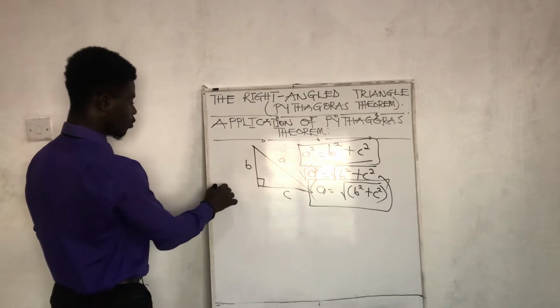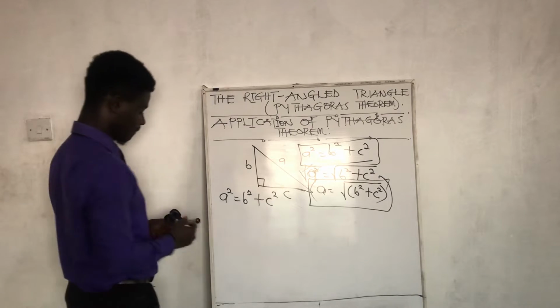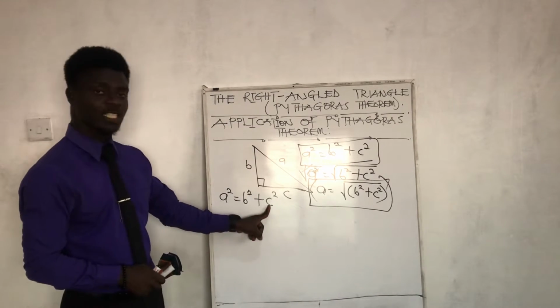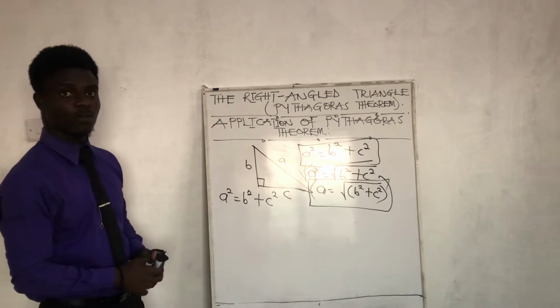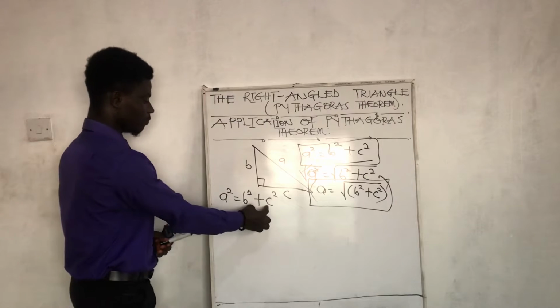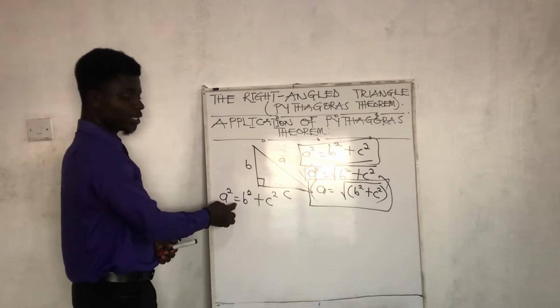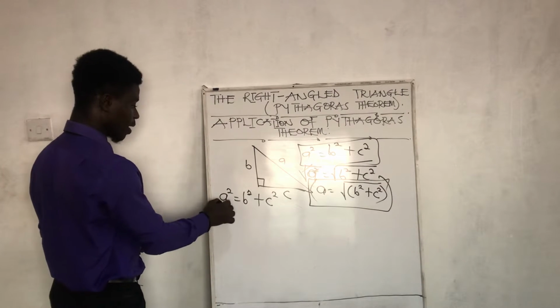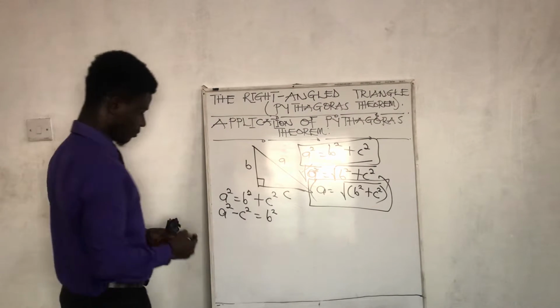Now, let's make B the subject. So we have A squared equals B squared plus C squared. To make B the subject, you have to send this variable to the left-hand side of the equal sign. This variable is adding to B, so when it crosses the equal sign, it becomes negative. So I'll get A squared minus C squared equals B squared.